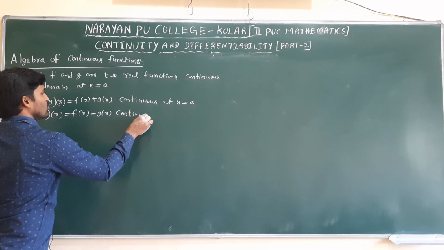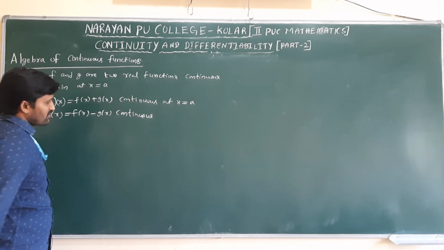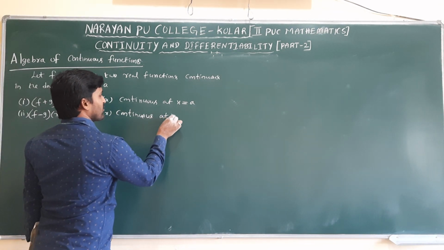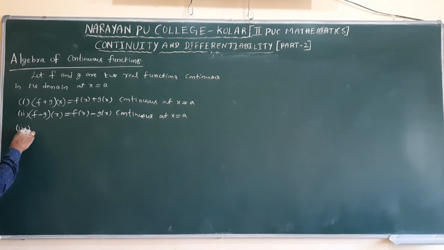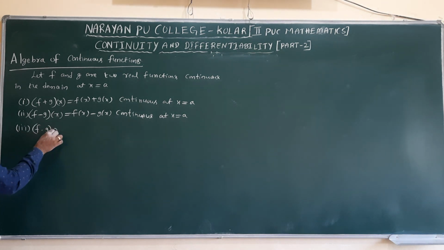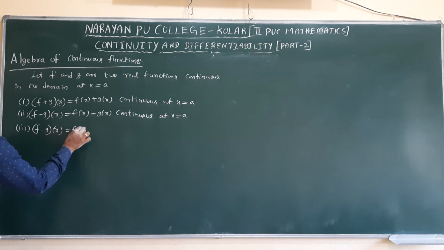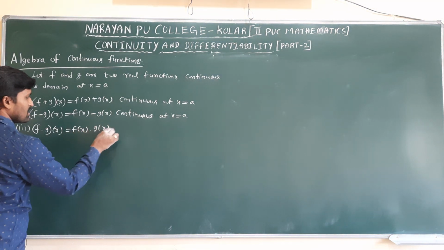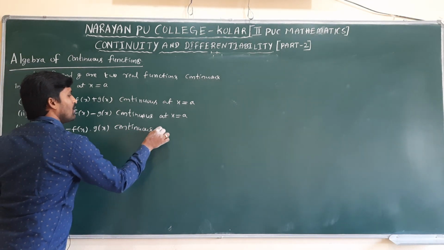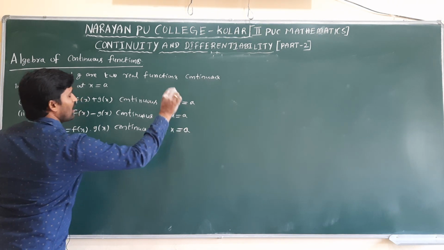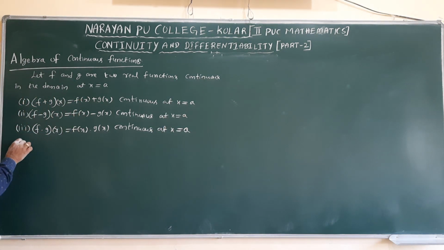That is, when two functions are continuous, the sum is continuous, the difference is also continuous. Next, the product of two functions is also continuous. f of x into g of x is continuous at x equal to a.